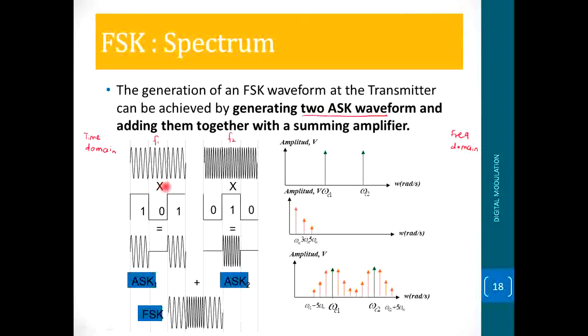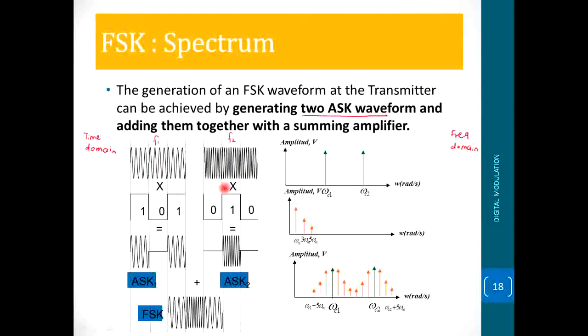For the FSK, we have two signals with the same amplitude, same phase but different frequency, the low frequency and high frequency. The low frequency is for the bit 0 and high frequency for bit 1.